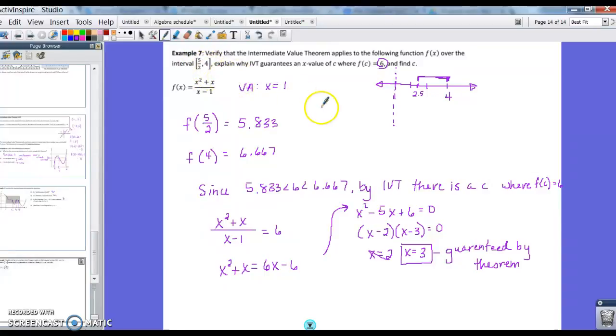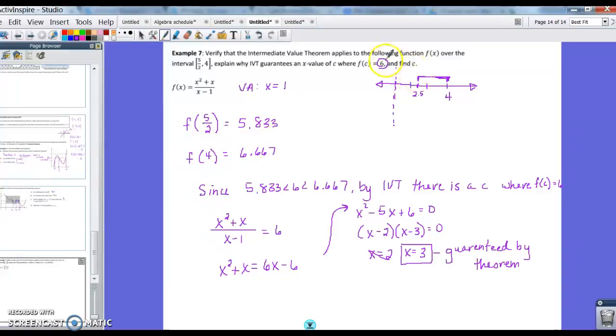Let me say that one more time. By the intermediate value theorem, if your function is continuous and you have an input that is within the interval between your minimum and maximum value, you are guaranteed an output that is between the output of that minimum value and the output of that maximum value.